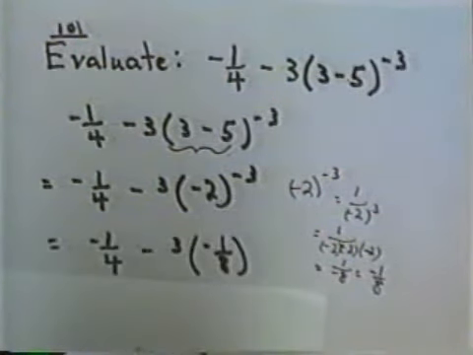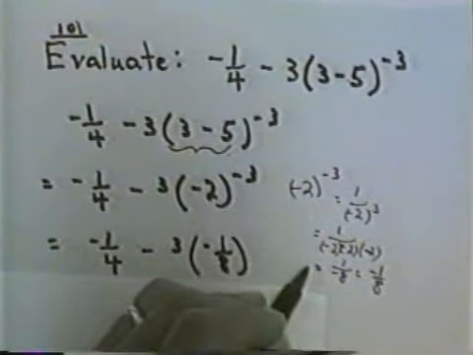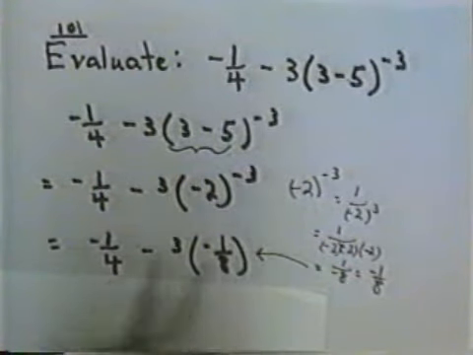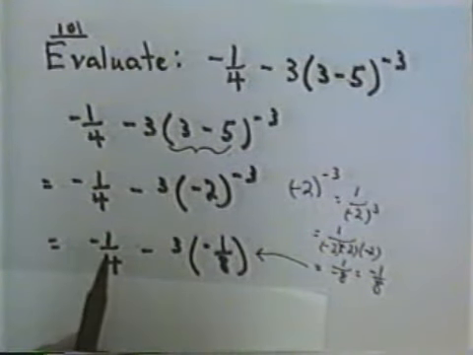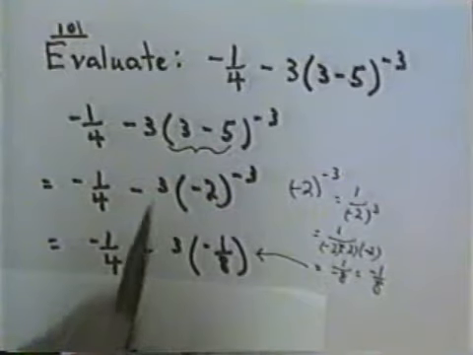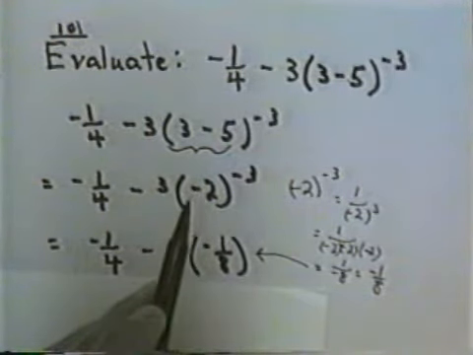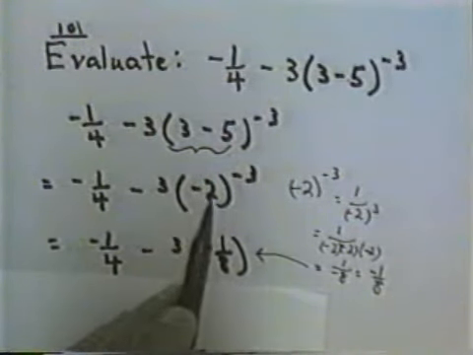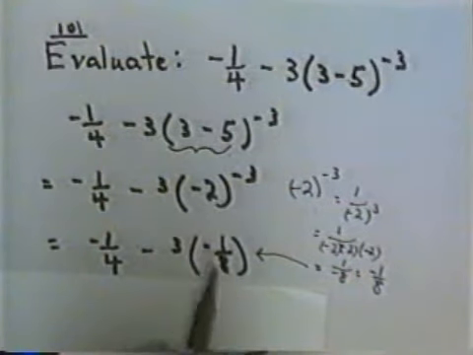So I'm going to bring down the negative 1/8 and put it in. Bring down the negative 1/4, stays the same. Bring down the subtraction, the 3, but I do my exponentiation. Negative 2 to the negative 3 is a negative 1/8.